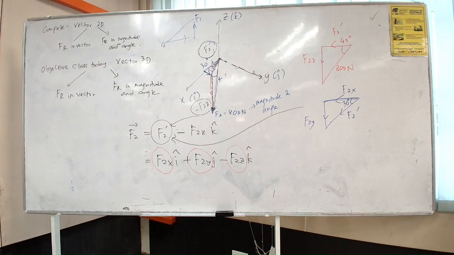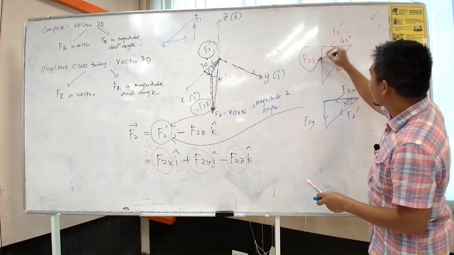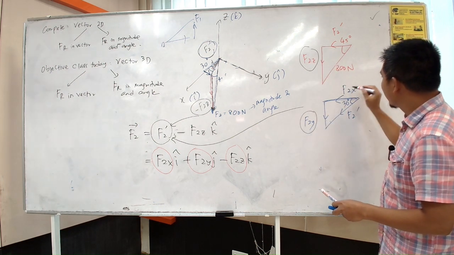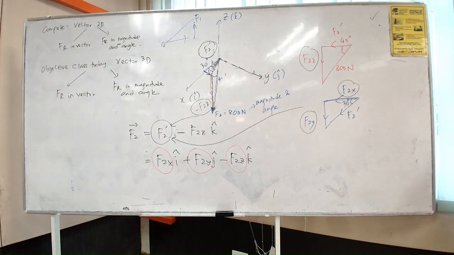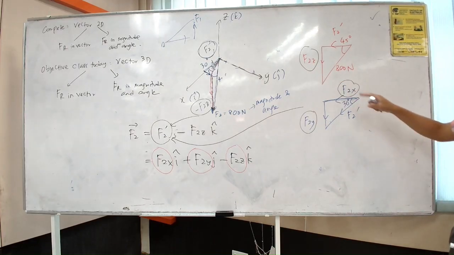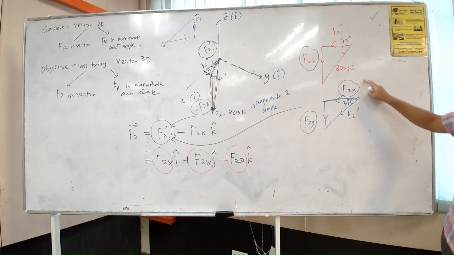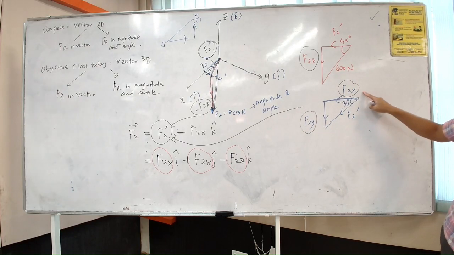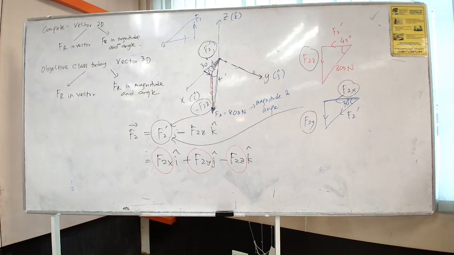Alright. Our target, we want to find F2x, F2y, and F2z. Based on this figure, can you find F2y and F2x? Why?